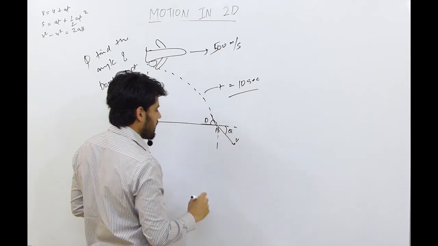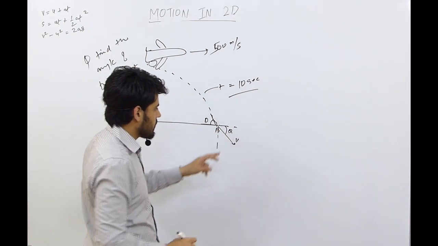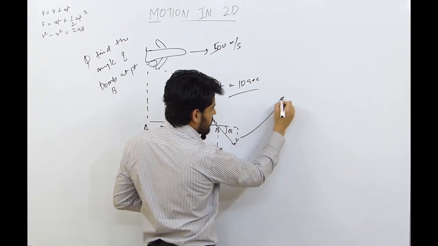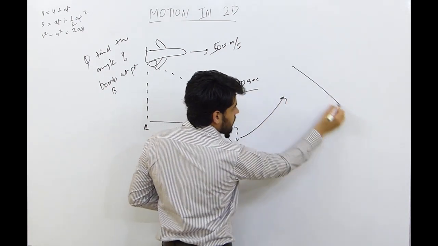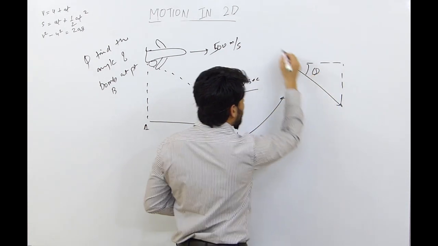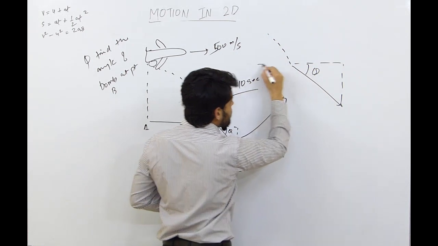Theta will be the same. So to calculate this angle, if we consider this as a triangle, I'll zoom this out. This is the velocity, and this angle we have to calculate. Bomb is coming from this direction.